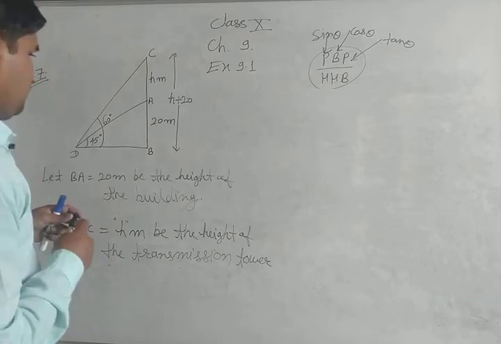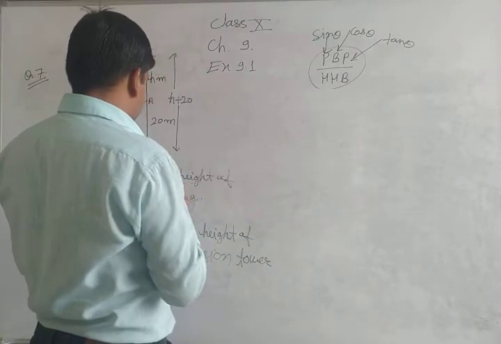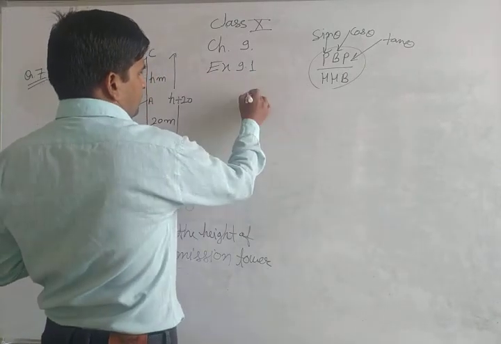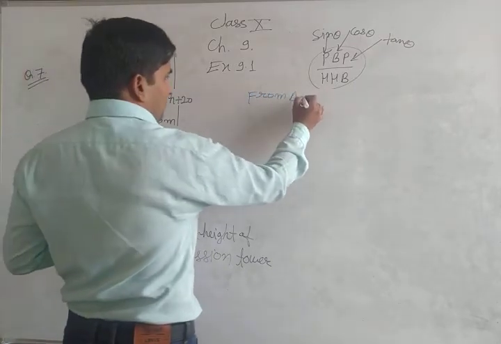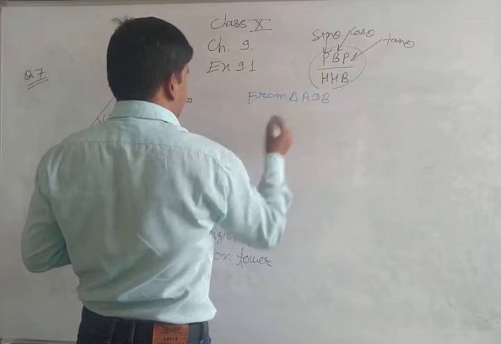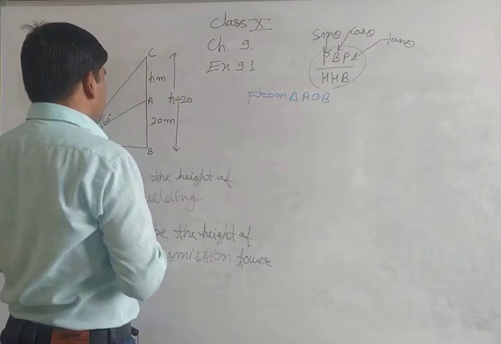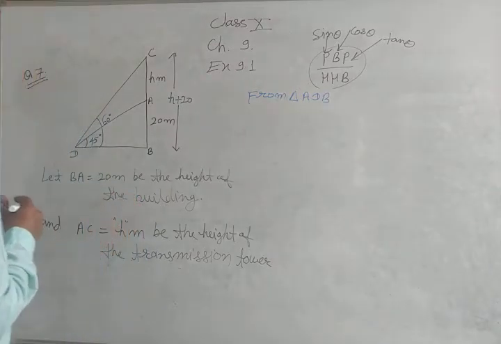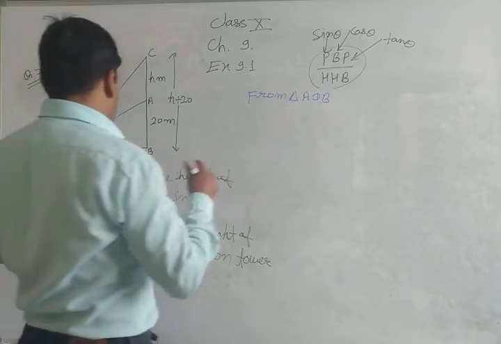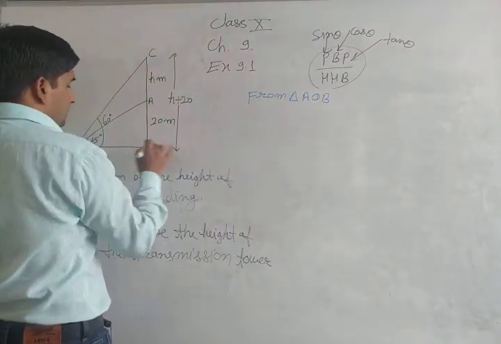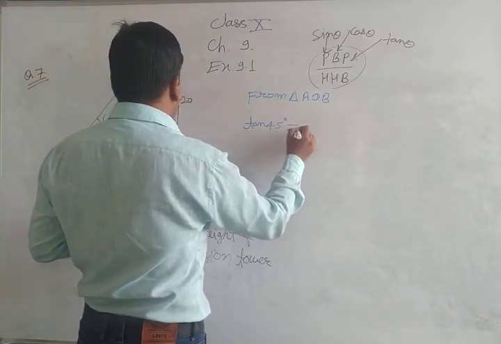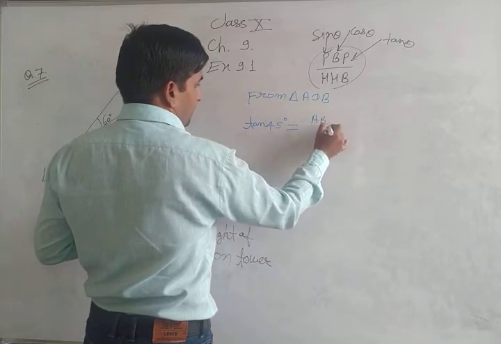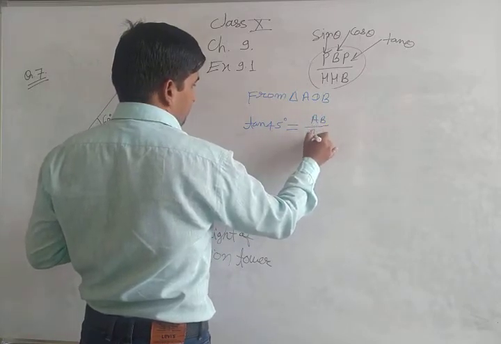Okay, first we solve from triangle ADB. Tan 45 degree equals AB upon BD.